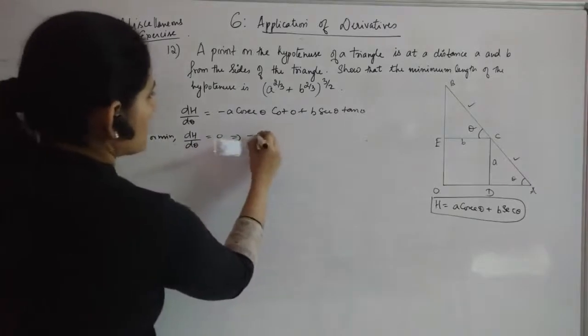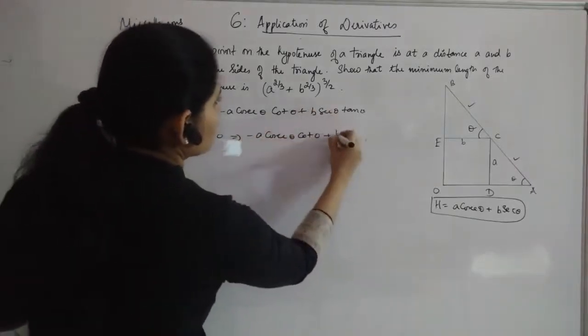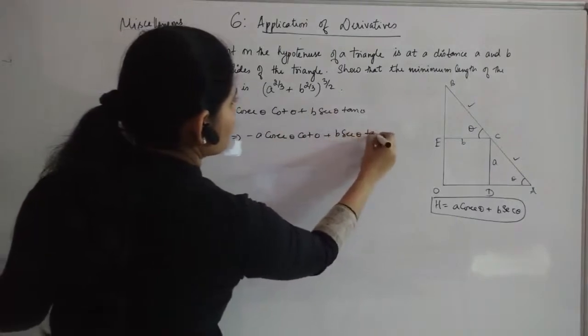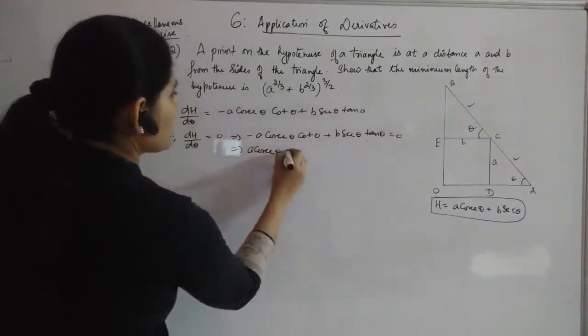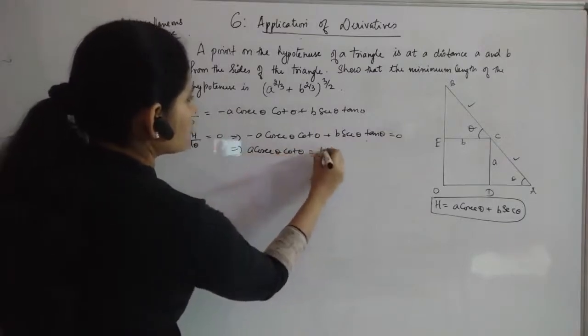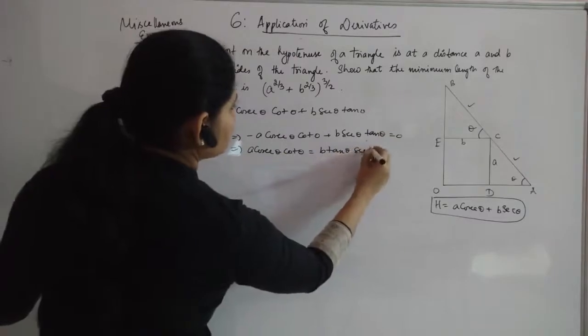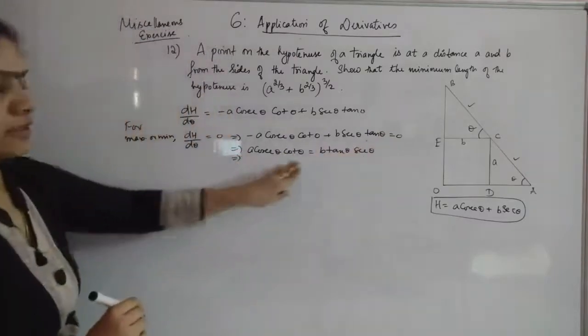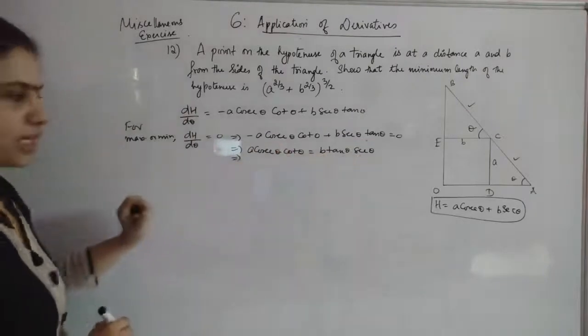So you will get minus a cosec theta cot theta plus b sec theta tan theta is equal to 0, or a cosec theta cot theta is equal to b sec theta tan theta. Right? Now we are changing cosec and cot, these four things, in terms of sine and cos.